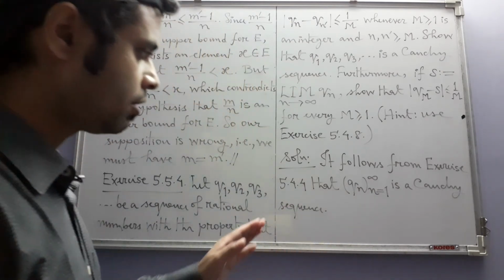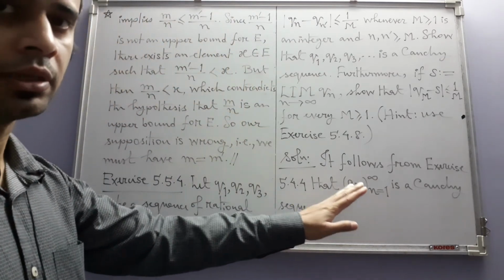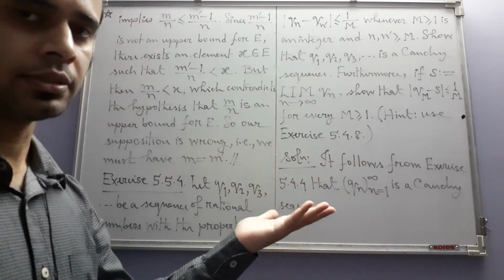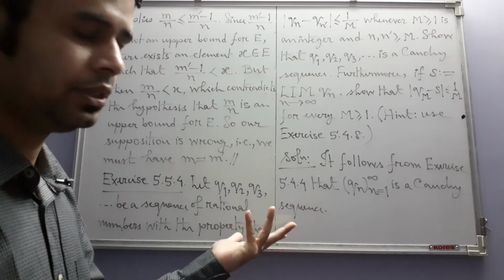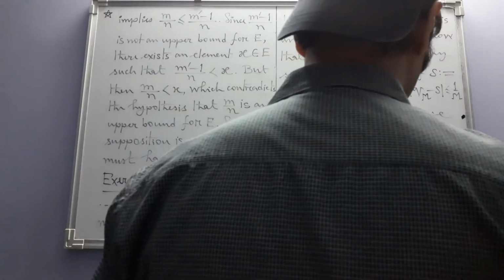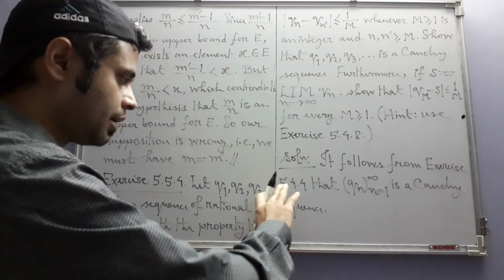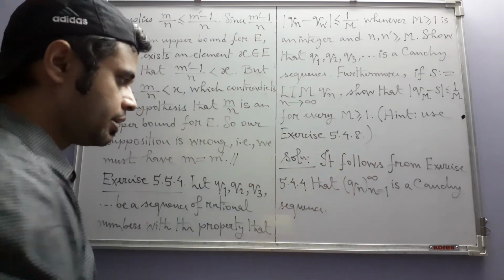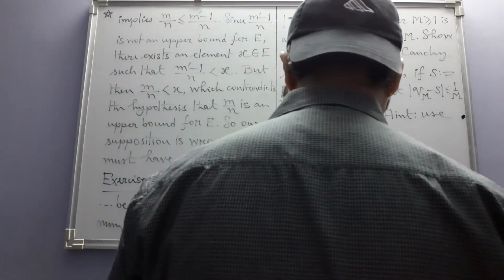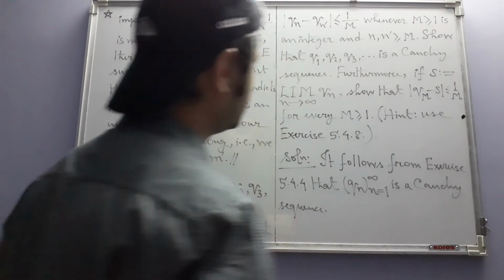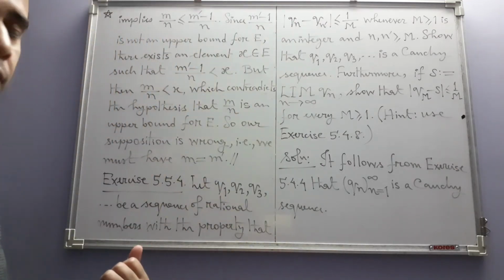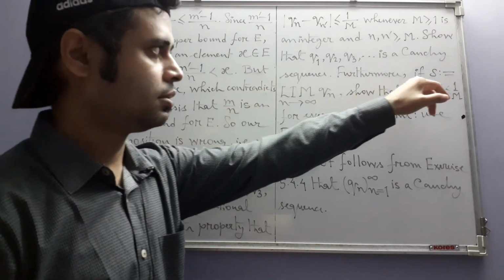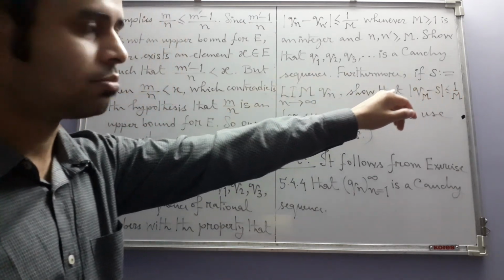How exactly it follows from that exercise that this is a Cauchy sequence, that I leave to you, because you have to go back to this exercise and see what we are doing here actually. You will see that this is quite straightforward. You can directly conclude that Qn is a Cauchy sequence from the result in that exercise. Okay, so that means the first part is done. We have a Cauchy sequence Qn, and that's why we have its formal limit.